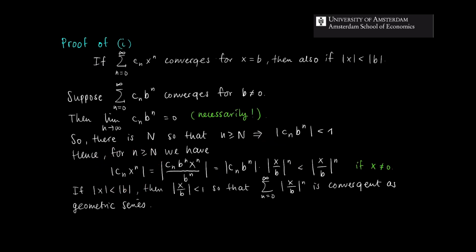So what we deduce is that also the sum over n equals capital N to infinity of |c_n x^n| also converges, right?